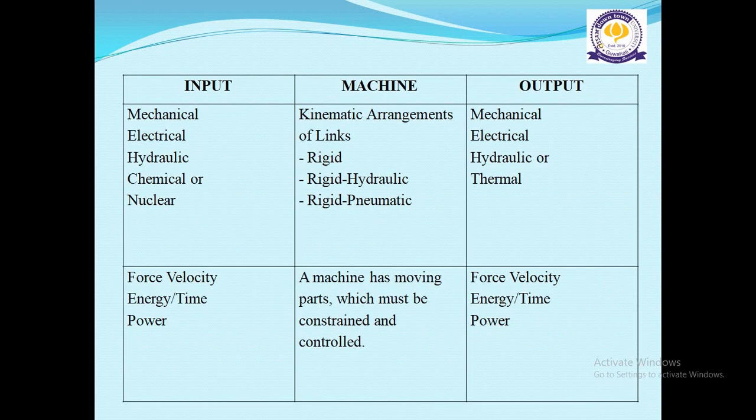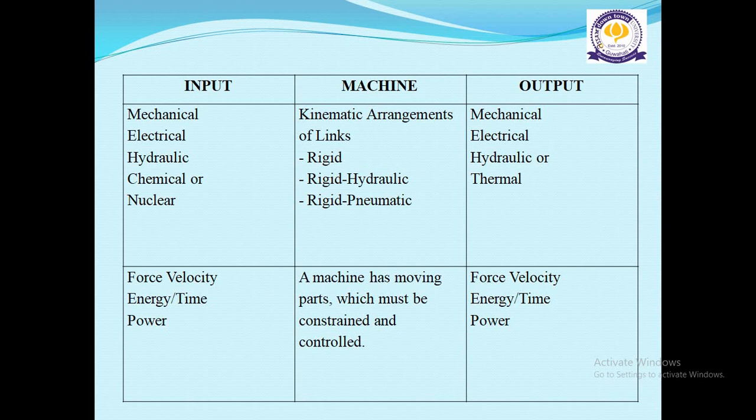Let's have a look. This is the table you have seen, showing input, machine and output. If you give input like mechanical, electrical, hydraulic, chemical or nuclear, then the machine will be a kinematic arrangement of links like rigid, hydraulic, rigid, pneumatic, and the output energy will be mechanical, maybe electrical, maybe hydraulic or thermal.